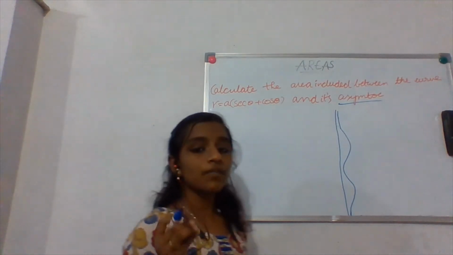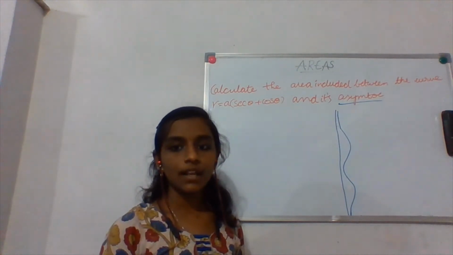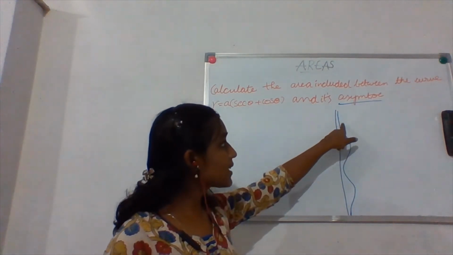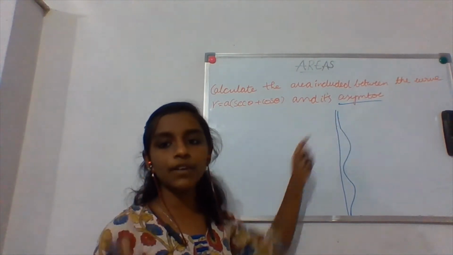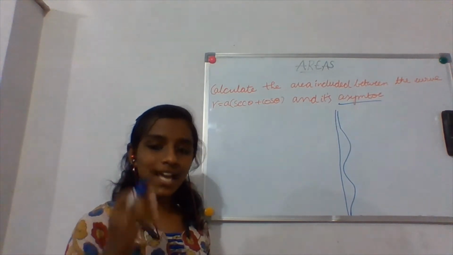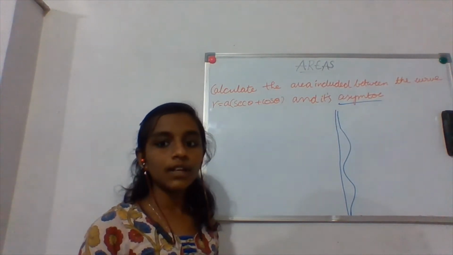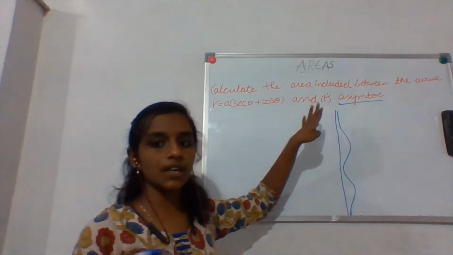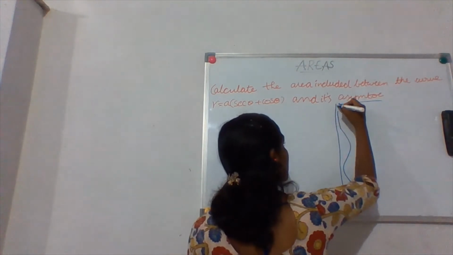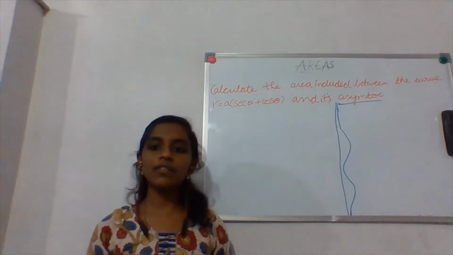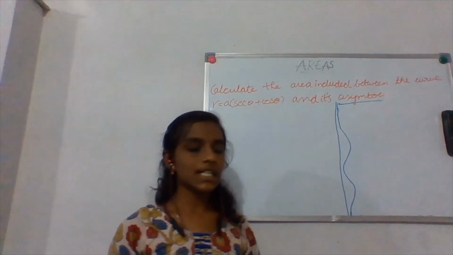The asymptote of a curve is a line where this curve meets this line at infinity. So an asymptote is another line or curve that meets the given curve at infinity. That is the meaning of an asymptote.